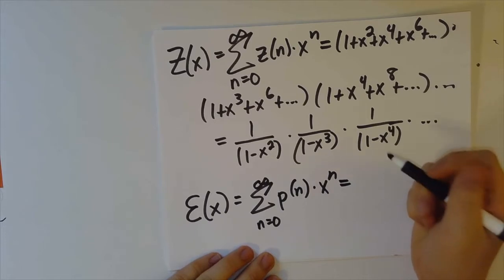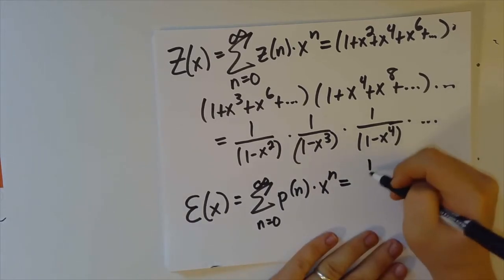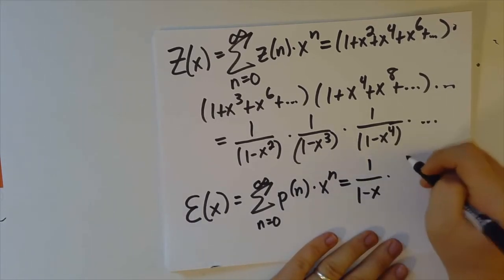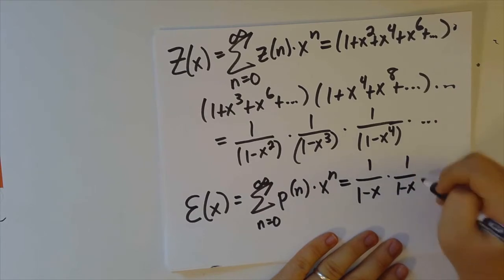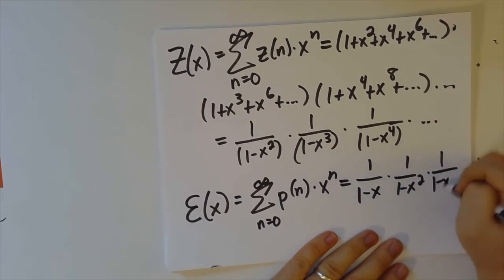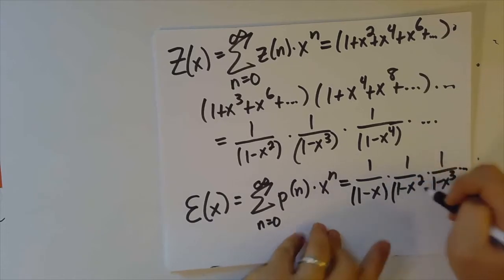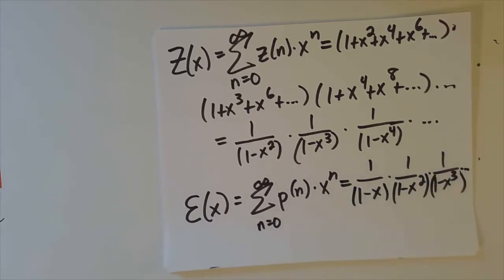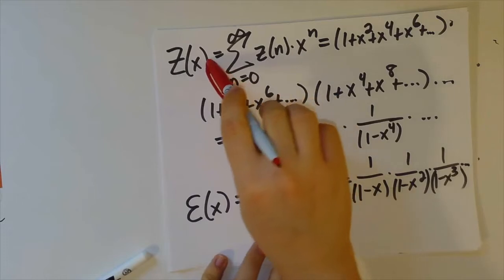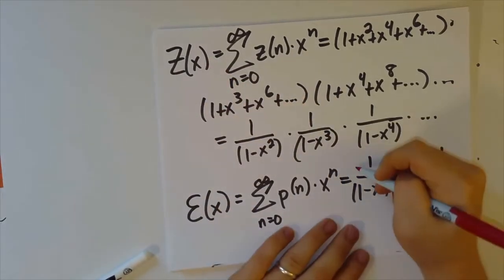This was, if we worked it out, 1 over 1 minus x times 1 over 1 minus x squared times 1 over 1 minus x cubed, and so on. And I want to point out, this is not so different from the thing we just wrote down. Namely, the only difference between this z of x and this e of x is this term.